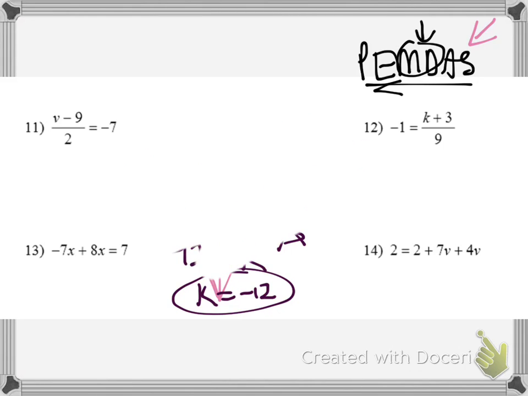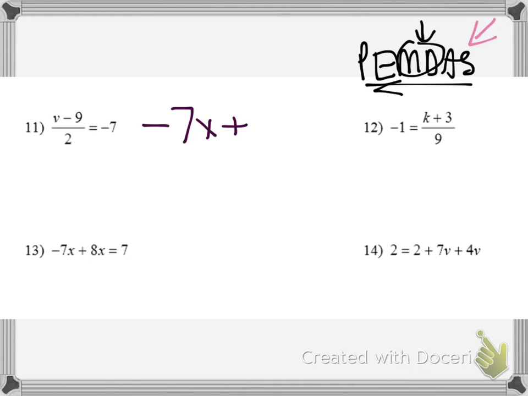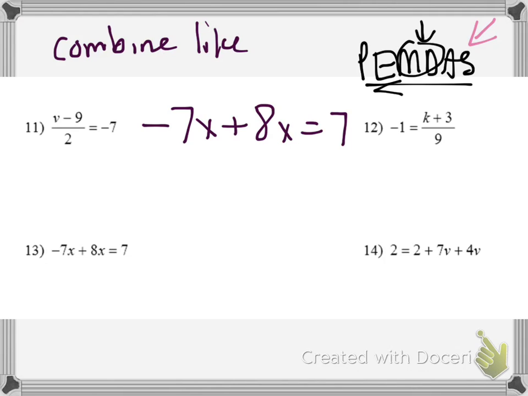So now we're on number 13. -7x plus 8x equals 7. All right, so with this one, the first thing we have to do is combine like terms. So this would be a multi-step equation, because we have to do some things before we can start solving it.